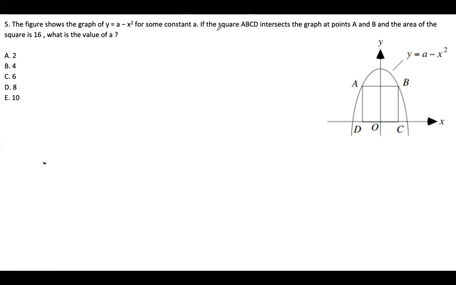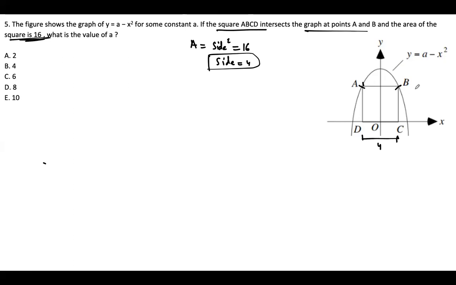Forget about that. If the square intersects the graph at points A and B, and the area of the square is 16. Acha, if the area is 16, area is equal to side square is equal to 16. Side is equal to 4. If this is 4, this is 4. Now you know that the y coordinate is 4. Right?